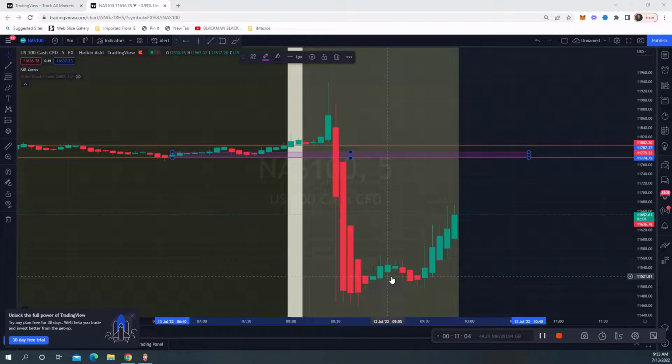Now, your order block is, in literally every case, the candle just before the reverse starts. So in this case, this would be an order block here, and this would be an order block here, and so forth. This is really good because they're big and you can see it.